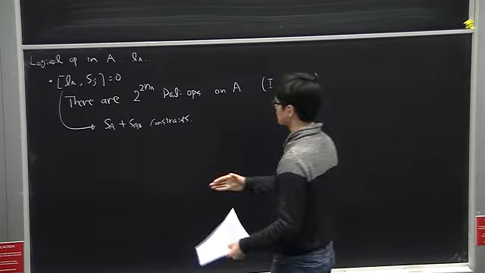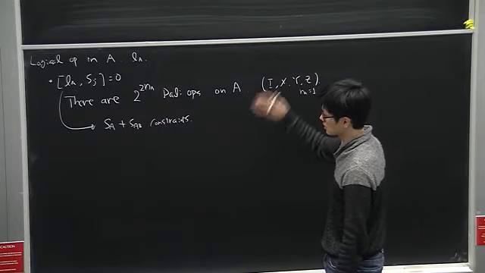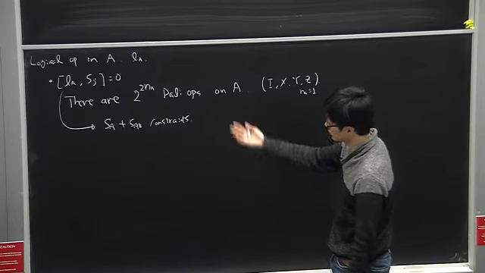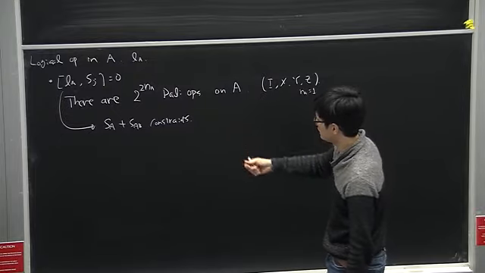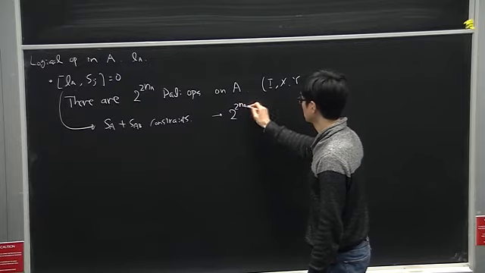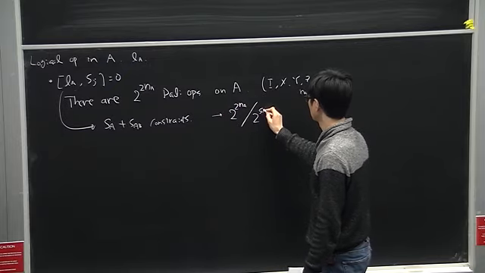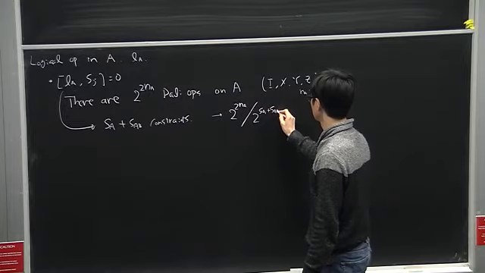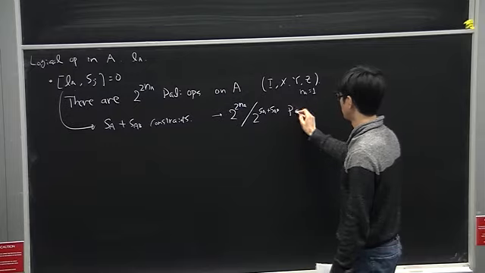And these constraints basically cut the number of possible Pauli operators by half. So there are such Pauli operators.